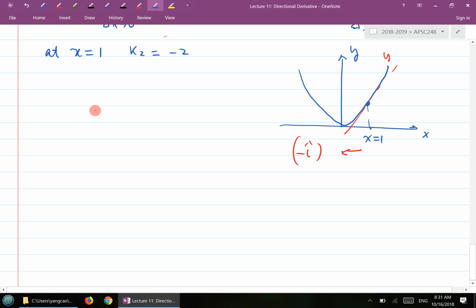So I'm going to draw this graph in a 3D scenario here. This is y, this is x. And now here is my y equal to x squared, but I will draw it using two colors for the two sides of the curve. So this is still y equal to x squared.